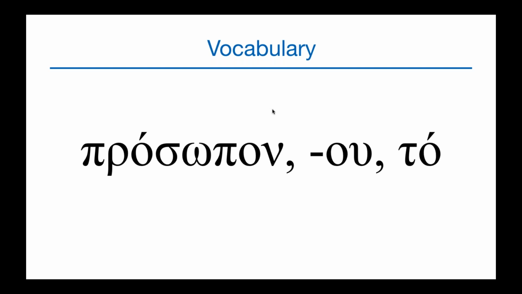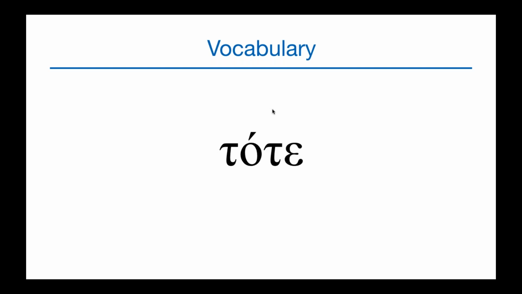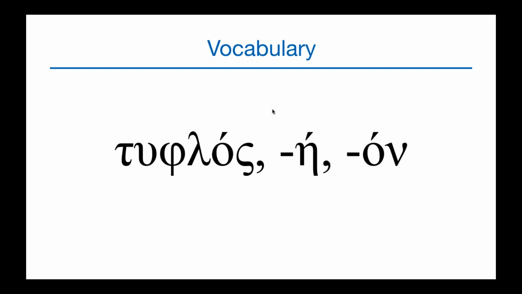Prosopon. Prosopon means face or appearance. Tote. Tote means then. If it's at the beginning of the sentence, sometimes we'll translate it as therefore. Typhlos. Typhlos means blind.